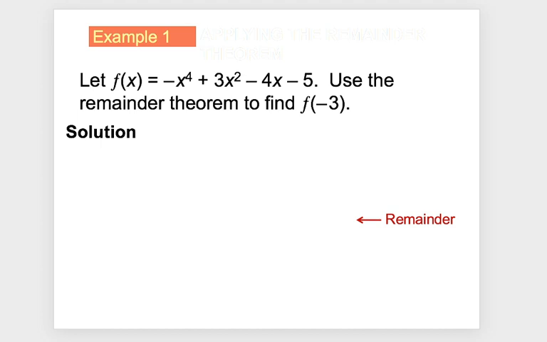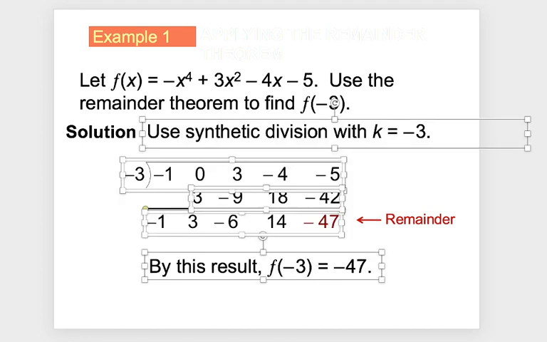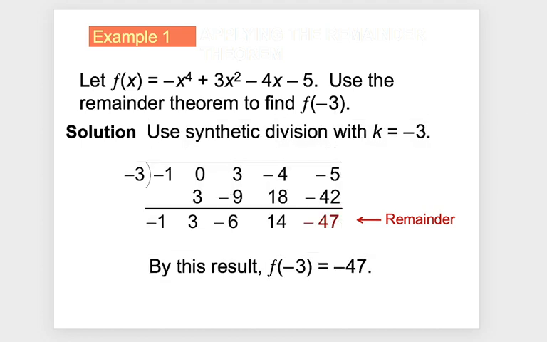So if we plug this in, here we could have used synthetic division. You could have, because you're being told now that this is your k value. But if you just plugged in for f of -3, you would have gotten -47 anyway.